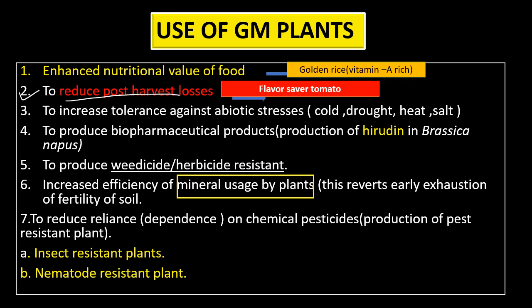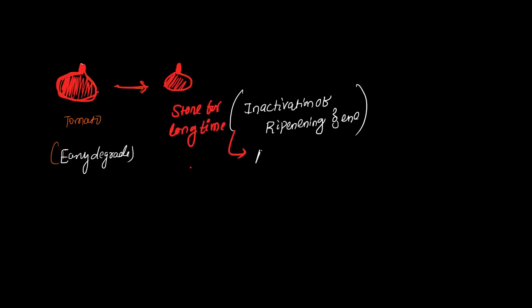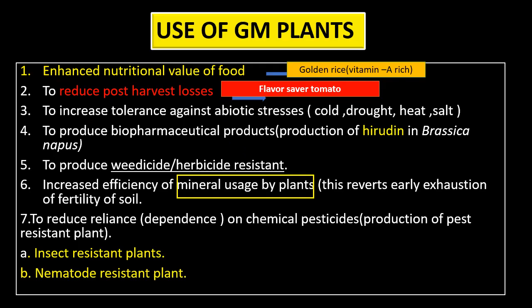But through biotechnology we inactivate different ripening genes, so this tomato does not ripen easily and can be stored for a long term. This is a great application of biotechnology.